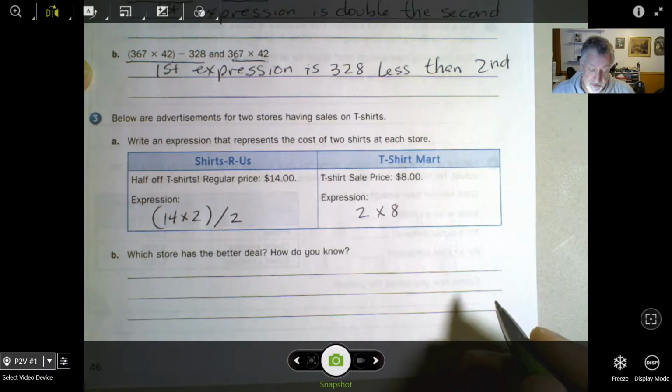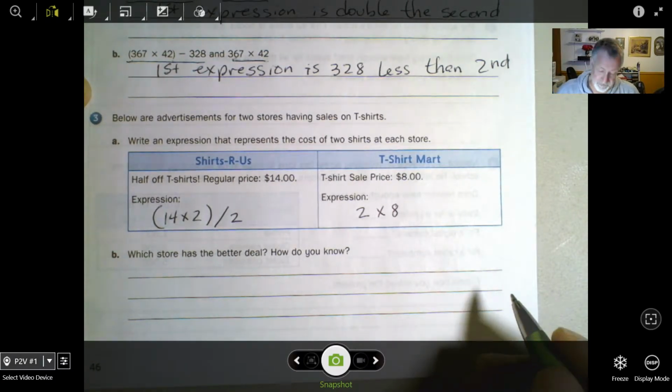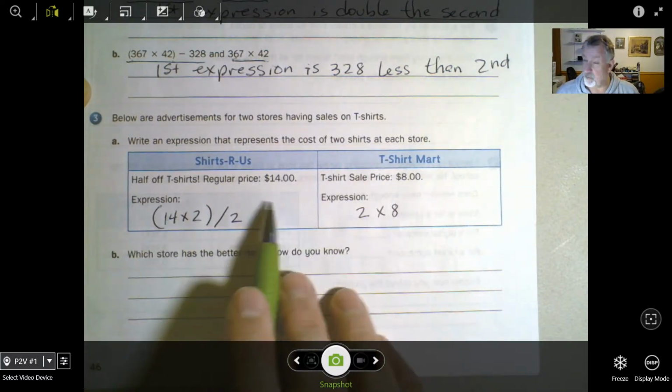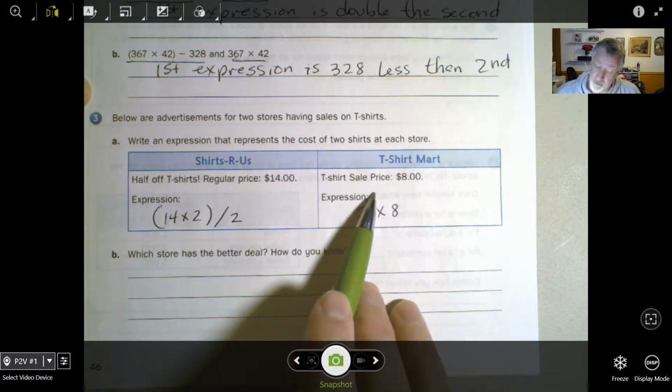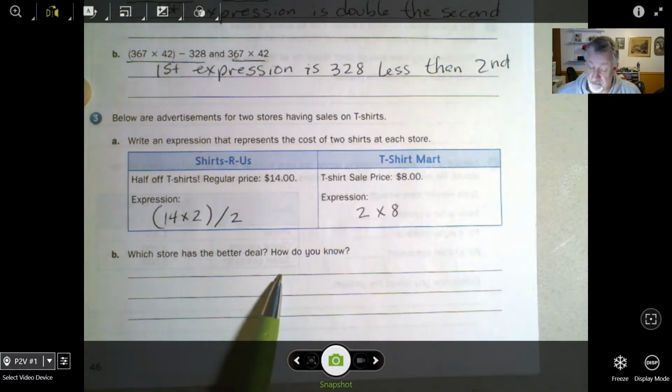Which store has the better deal? How do you know? This is a tough one because we're assuming, I guess, that the t-shirts normally are both the same price at each store, but perhaps this store has more expensive t-shirts, so maybe this one's the better deal.